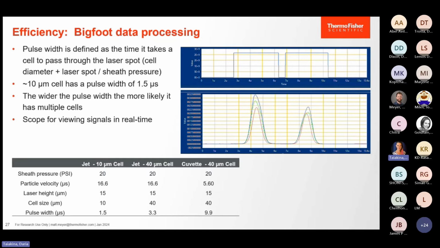That gives us the ability to process the 1.5 microseconds on a jet in air sorter, which is much lower than the equivalent on a cuvette-based system: 3.3 microseconds pulse width on a 40 micron cell versus 9.9 on a 40 micron cell on a cuvette-based system. So we have much more capacity to look at these narrower pulse widths and process these cells in a much quicker manner to get a little bit higher throughput.